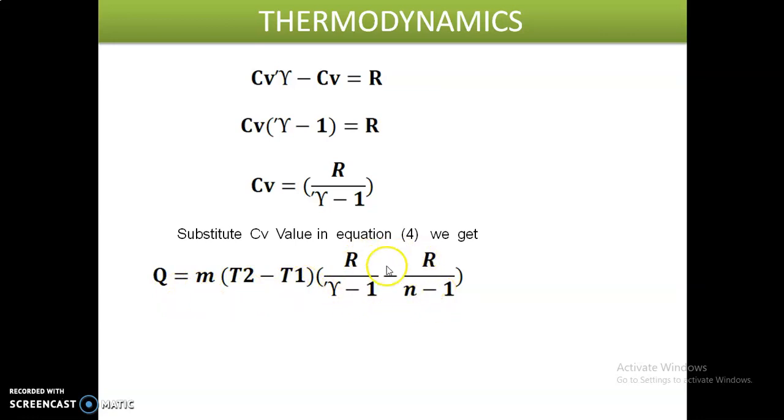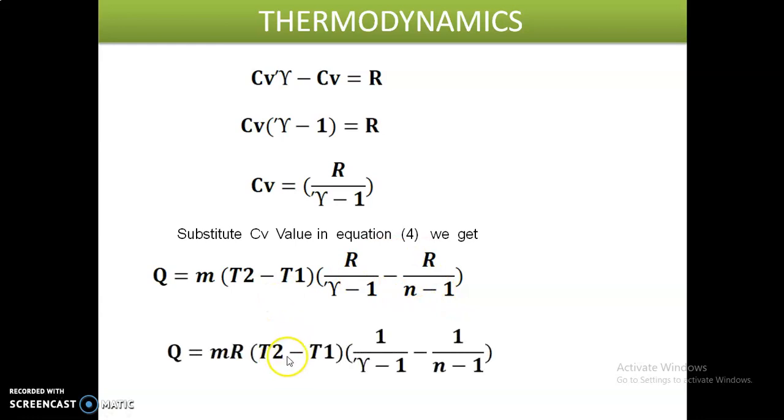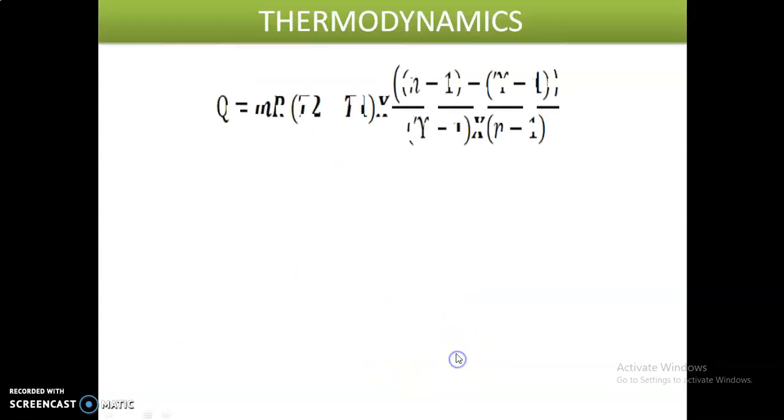Here we have a common term, that is R. Put it outside: mR(T2 minus T1)[1 by (gamma minus 1) minus 1 by (n minus 1)]. Okay, so here the LCM is what? (Gamma minus 1) into (n minus 1). So we get (n minus 1) minus (gamma minus 1).